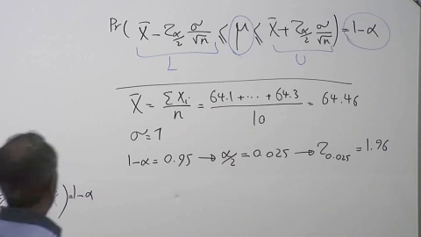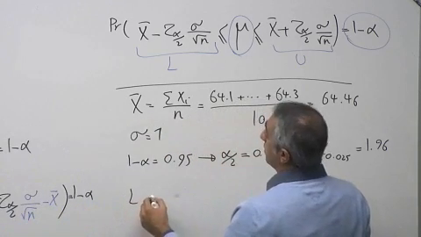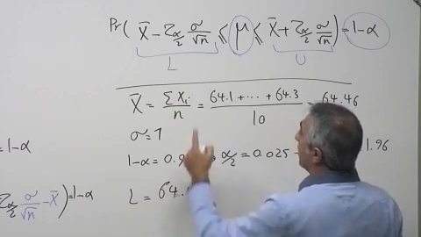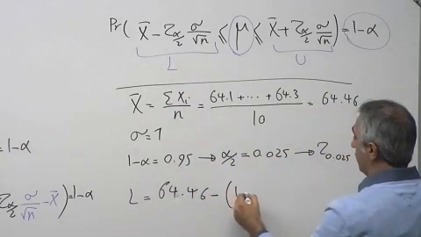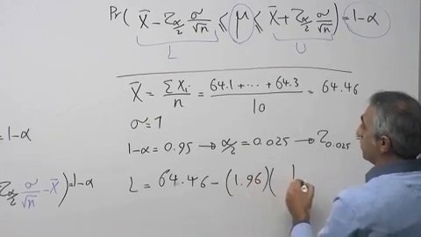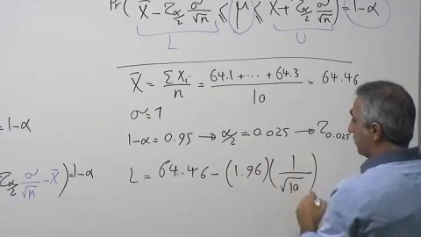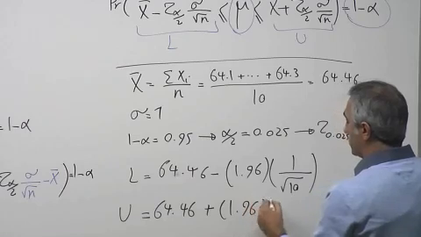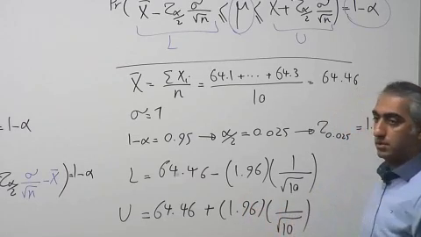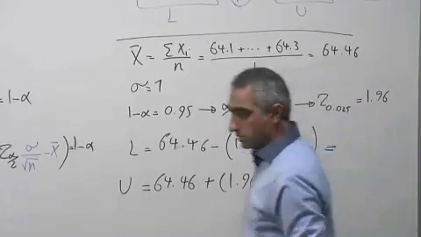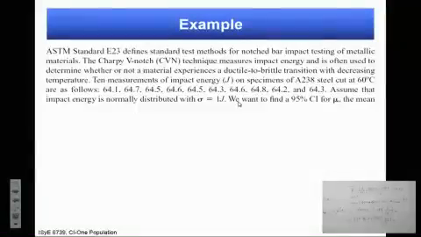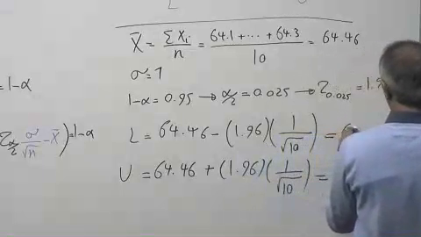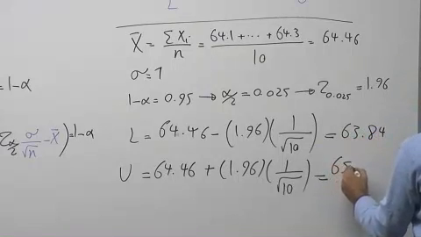Then your lower bound is x bar minus 1.96 times your standard deviation divided by root n. Your upper bound is the same thing, plus 1.96 times 1 over square root of 10. If you calculate this, you get 63.84 and 65.08.